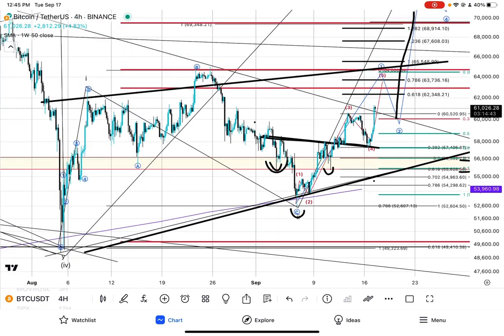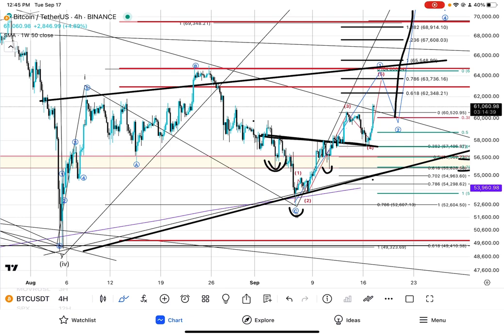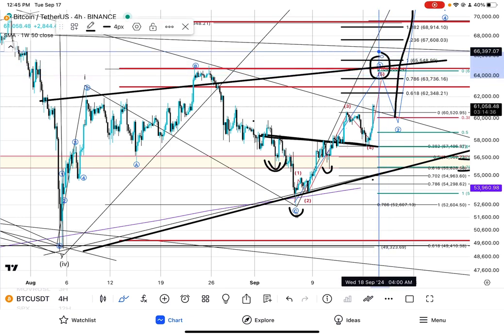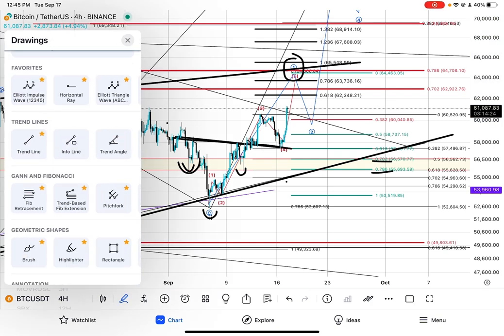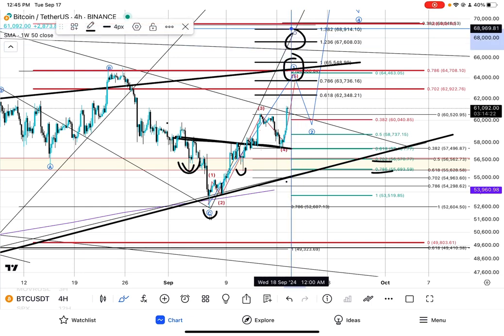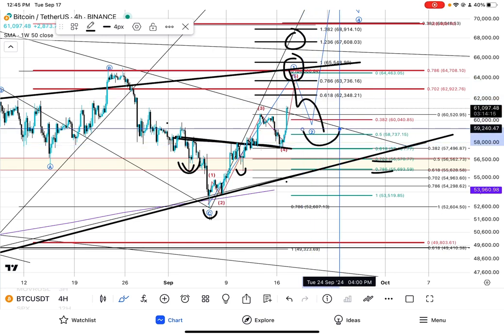And yeah, I would be expecting the upper boundary of this current diagonal that we're in to be hit at around 63,736 and 65,548. Then from there, we would want to see how the price reacts. It either has a full break above 65,548 towards the 1.236 extension, which would be very bullish, or it has a partial decline, and then we would want to see how the price reacts.